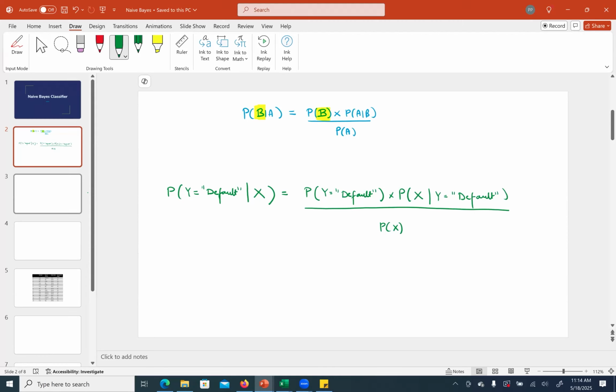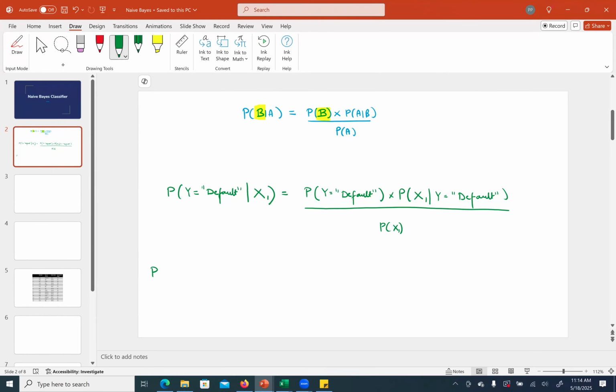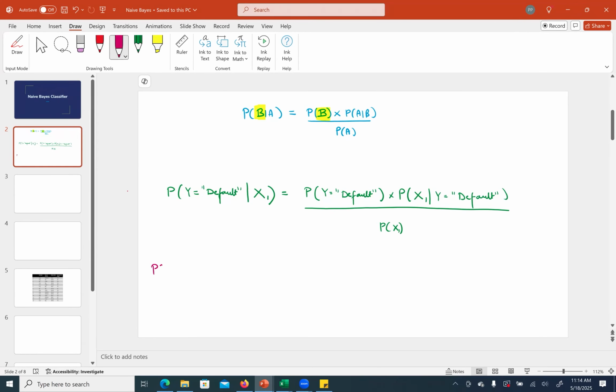This is just for one variable, let's say x1. What if I have two variables? I want to know the probability of y defaulting, because I will not have one variable, I will have multiple variables.